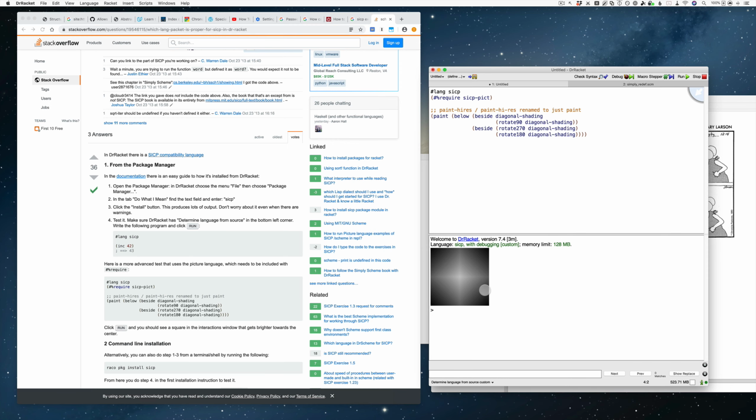I got it to pass the appropriate tests. You see I generated this cool square. I'm going to send that to a friend because I know there's at least one other person who's working on programming stuff in Scheme.